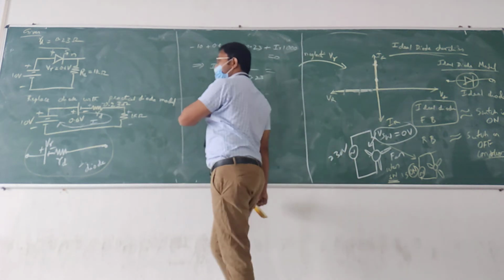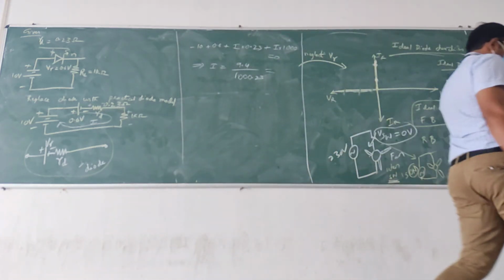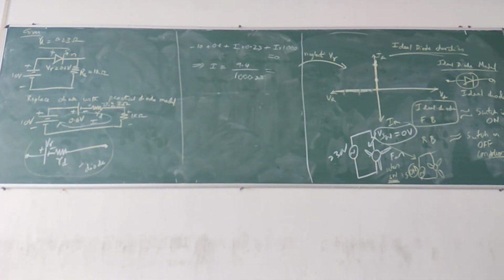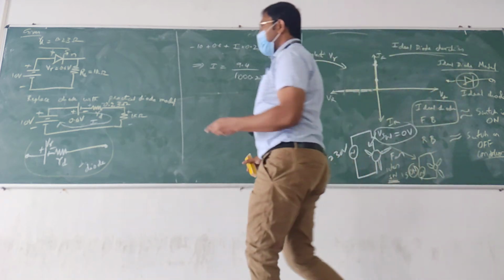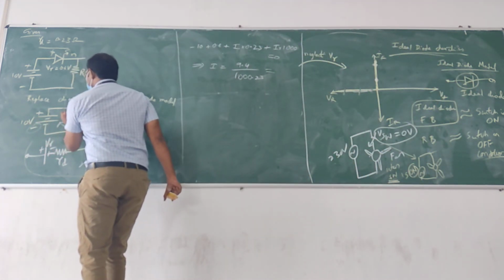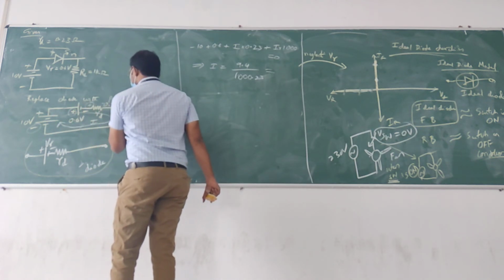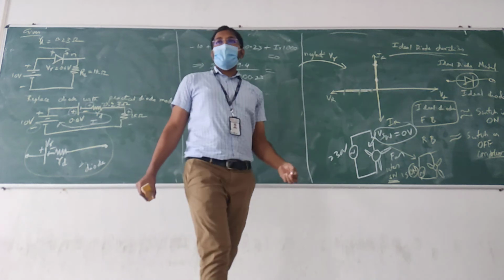Did anybody not understand this? We are taking the entering terminal negative for the source and the entering terminal positive for the resistor. For this resistor, the entering terminal is positive.